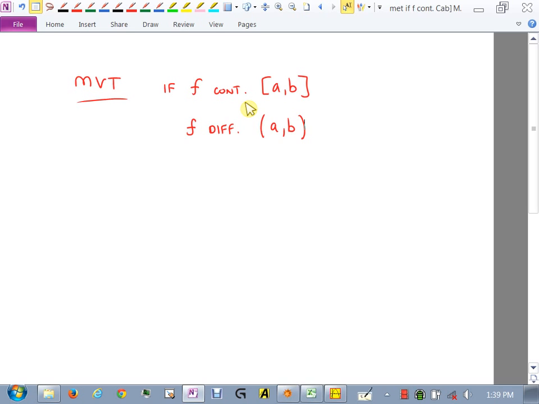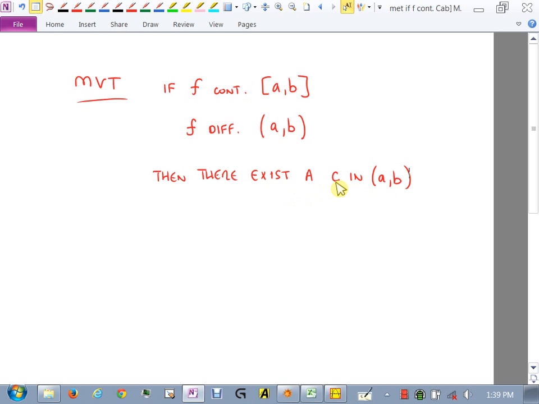What else does the theorem say? You have it's continuous, it's differentiable. Then there exists a c in the open interval (a,b). And this is a critical part of this theorem.